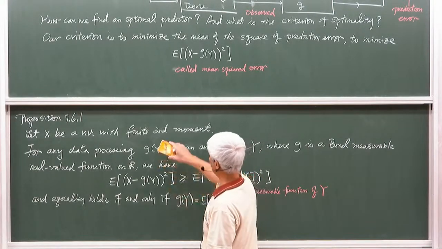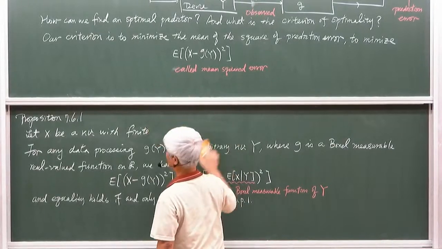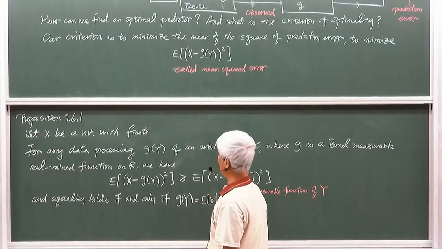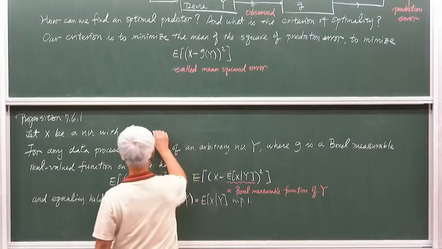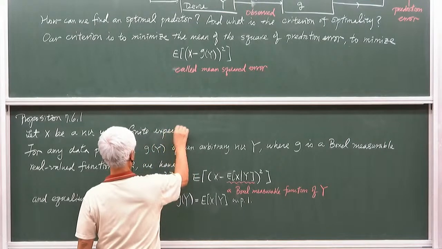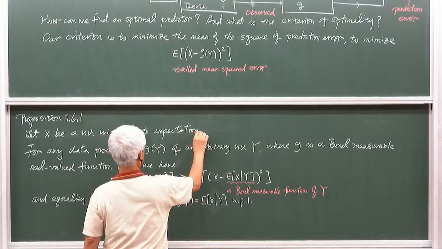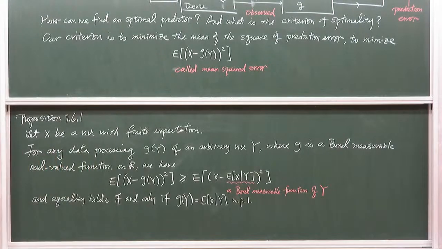Right. It seems like we don't need x to have a finite sigmoid. Just expectation would be enough, as you will see.